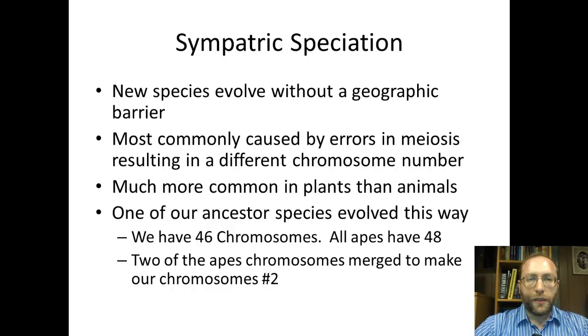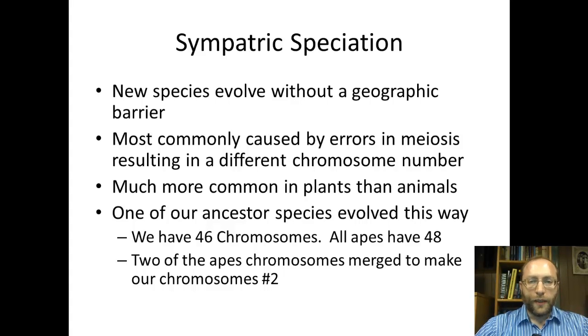Another kind of speciation is sympatric speciation, and in here there's no geographic barrier. The two different populations are around each other. There's some other type of barrier between them. It's usually caused by an error in meiosis, which will prevent them from mating. Like if there's some sort of mutation where some individuals end up with a different number of chromosomes than the main population, they can't mate.